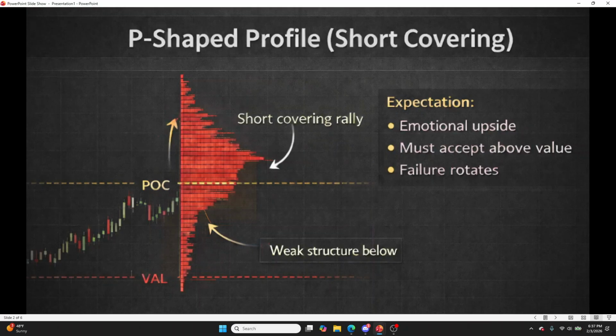Key notes: it must accept above value, right? So if you're in this trade, you know you have your value, you know you have your highest node, ensure that it's accepting it. Because if not, the failure will rotate back down and create a new liquidity structure. Keep in mind, in this P, the weak structure is below, high probability above the point of control, and then really clear skies ahead.